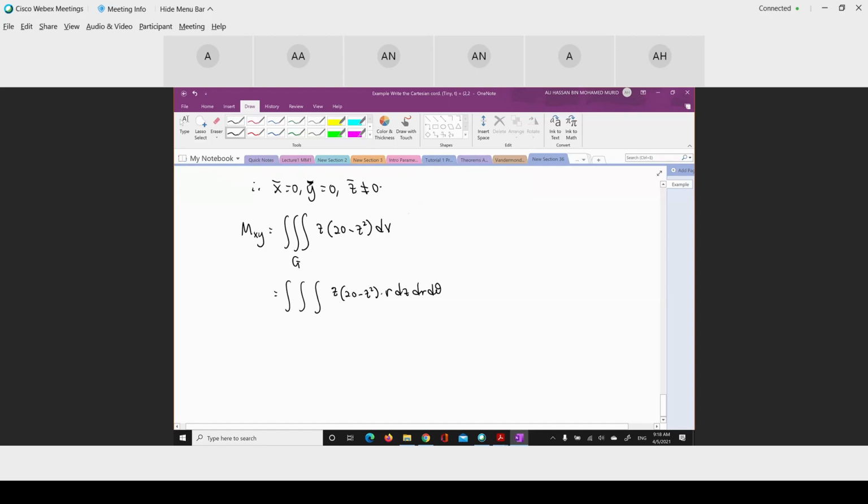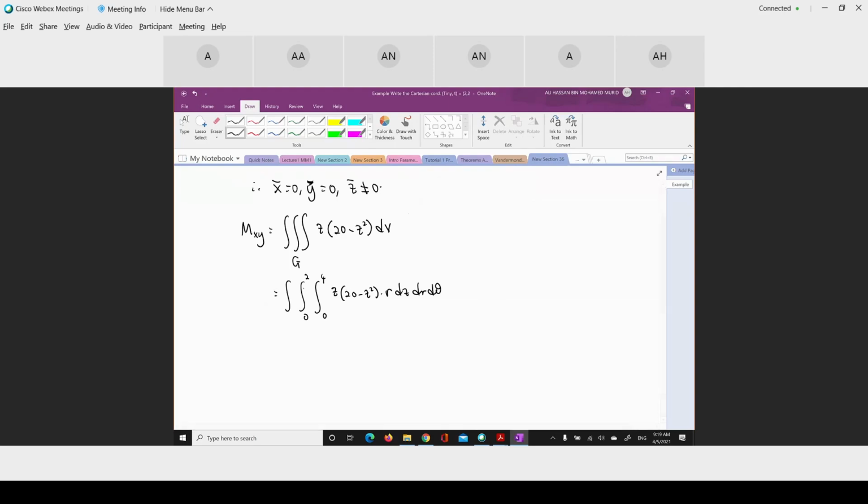Z is between what? Z is between 0 and 4, right? Z is between the xy plane and above by z equal to 4. And r is bounded between 0 up to 2, since the cylinder has radius 2.